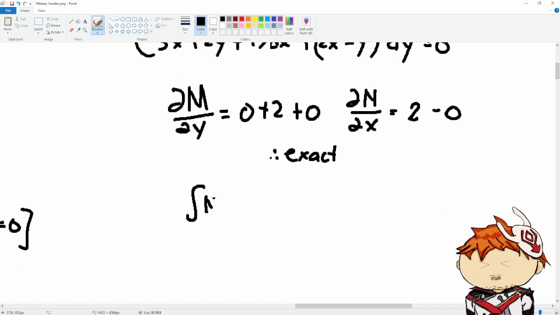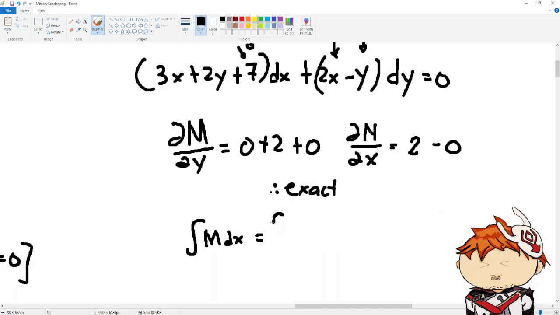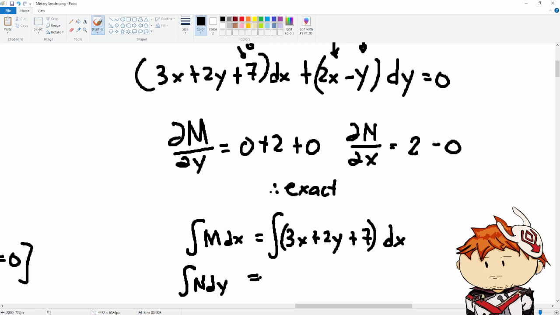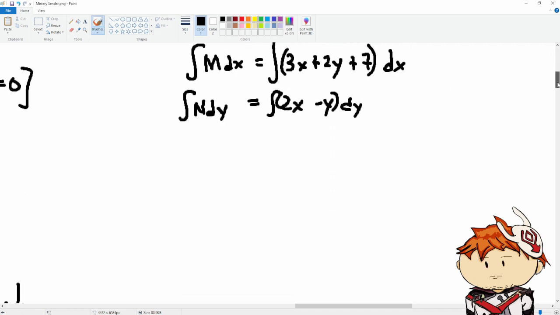That's our first method. So integral of 3x plus 2y plus 7, I'm just going to write this down first, and integral of N dy, 2x minus y dy.